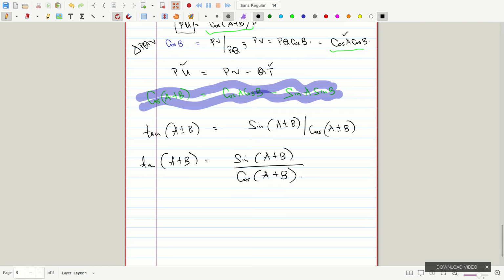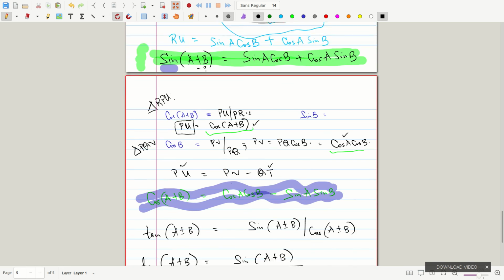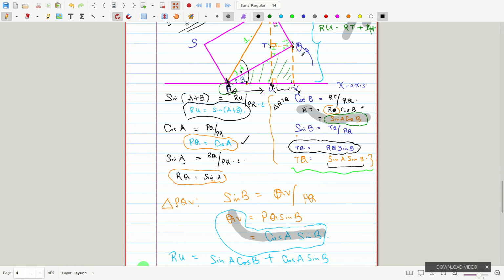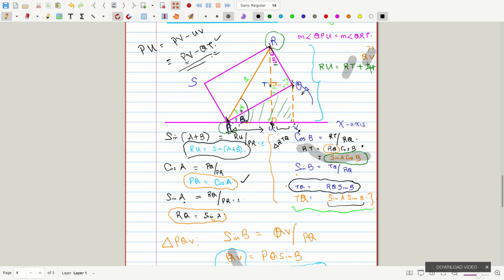But we did not look at what happens when we have a negative. Well, the process is more or less the same. It's just that now, instead of having this rectangle tilted such that we have an angle B above the x-axis, we are going to push it downwards, and then we shall have an angle B below the x-axis, and then they follow the same procedure.